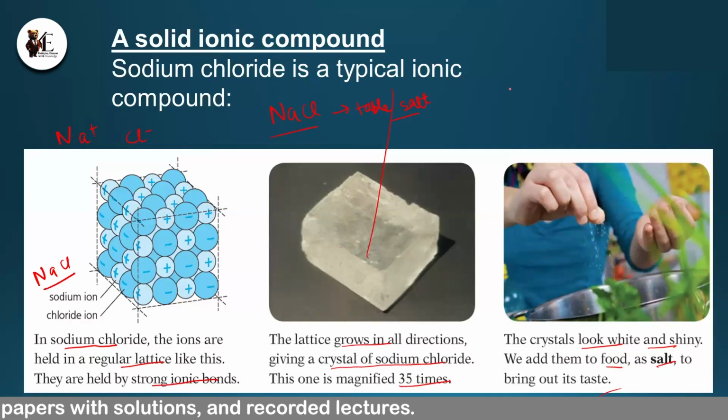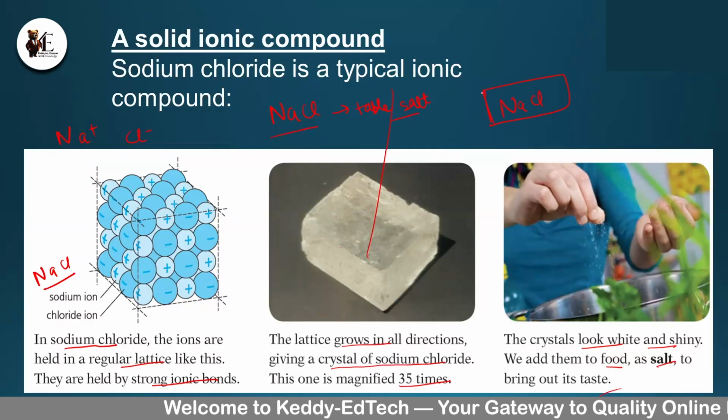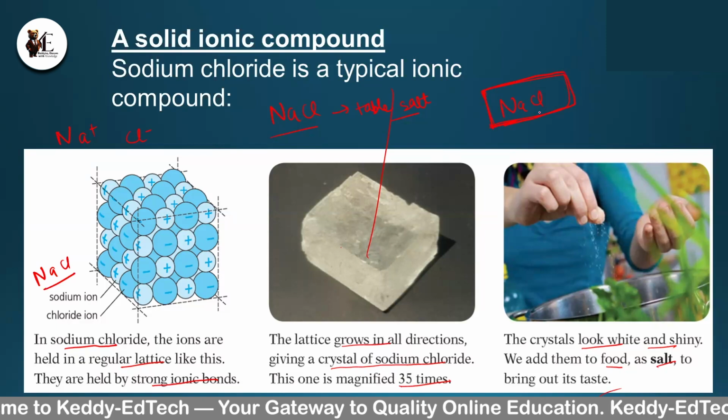So if I ask you which type of compound is sodium chloride, is it an ionic compound or covalent compound? Please repeat. I'm asking which type of compound is sodium chloride? Is it ionic or covalent?